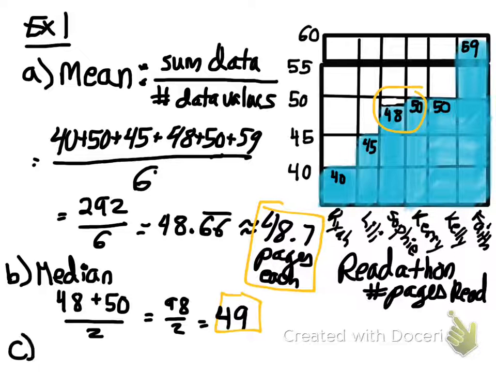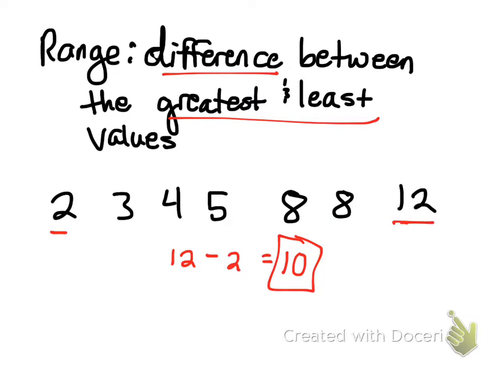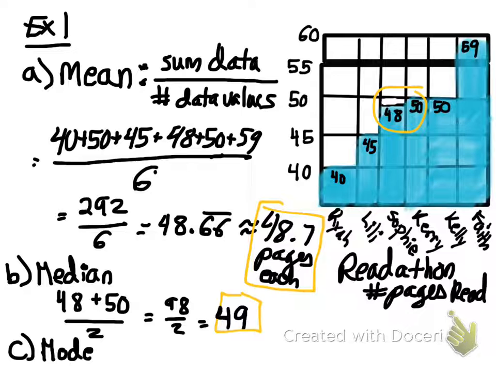I'm going to go ahead now and find the mode. The mode, remember, is the data value that occurs the most often. Well, out of all these data values, only 50 occurs twice. So 50 is my mode, because it occurs 2 times.